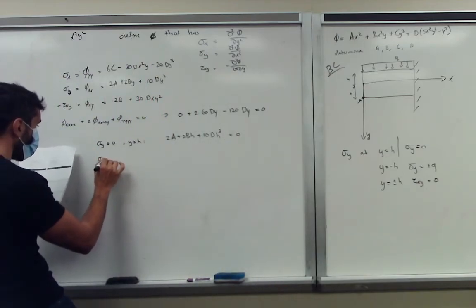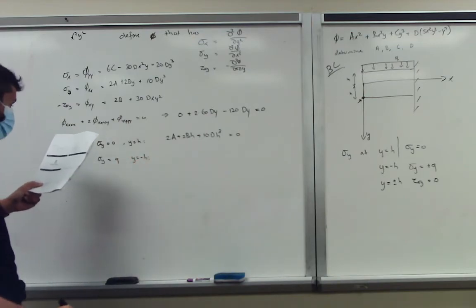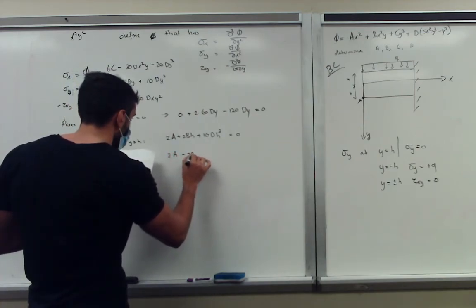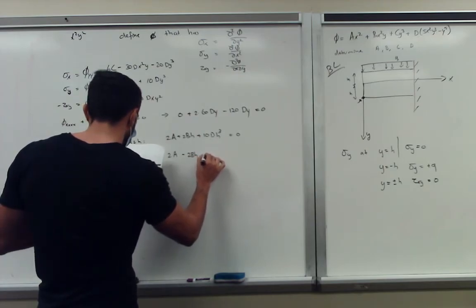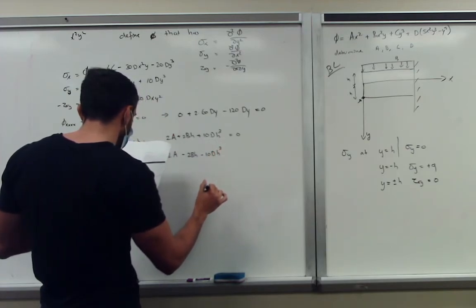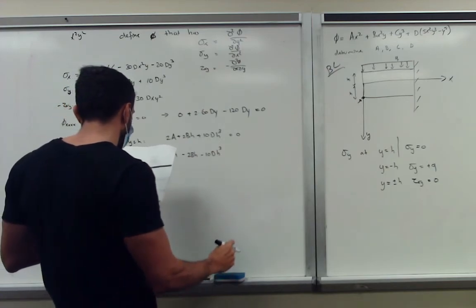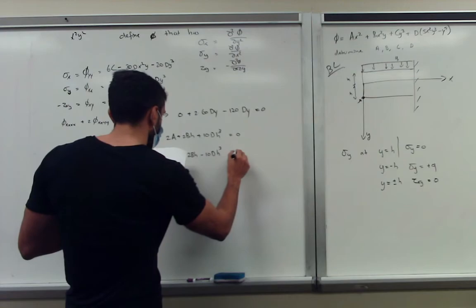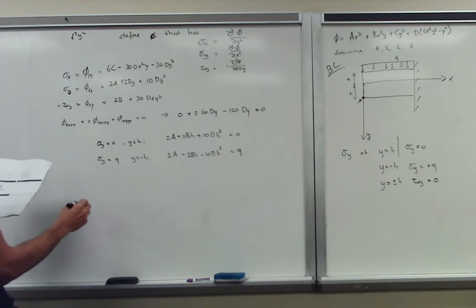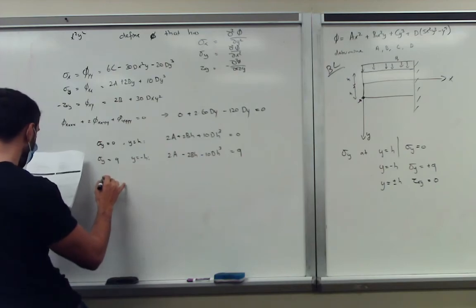We know that sigma y is equal to q at minus h. So we can plug that in as well: 2a minus 2bh minus 10dh to the power of 3 is equal to q. And at y is plus minus h, tau xy is equal to 0.